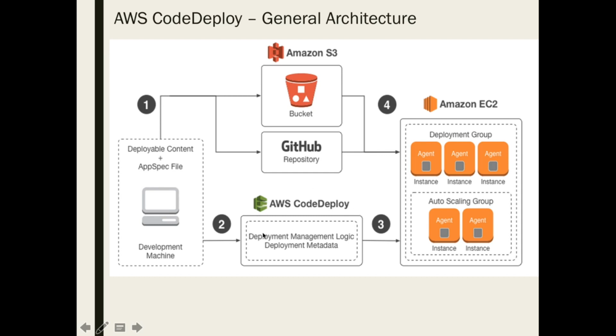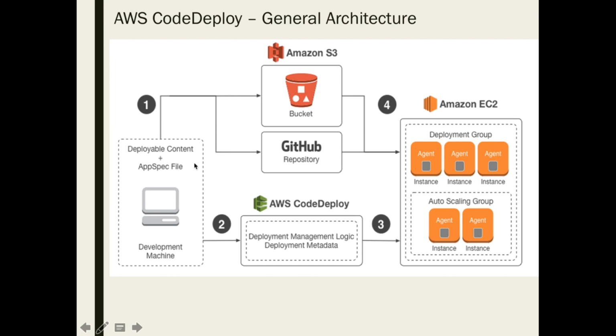CodeDeploy is the service we are going to use, and there are EC2 instances with agents running on each instance. All the gray boxes are the agents installed on every EC2 instance, and these agents keep communicating with the AWS CodeDeploy service.